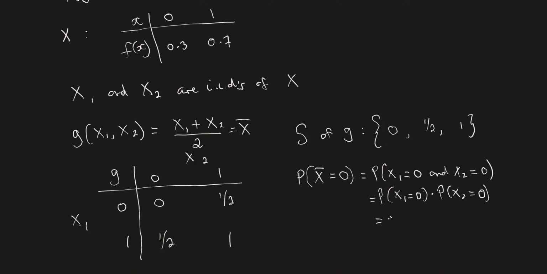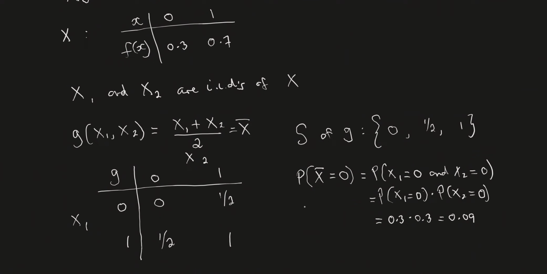So we have 0.3 times 0.3, and that's 0.09. So there's a 9% chance that, with our sampling distribution being the mean of these two IIDs, we will end up with a mean of 0. All right, so there we go.